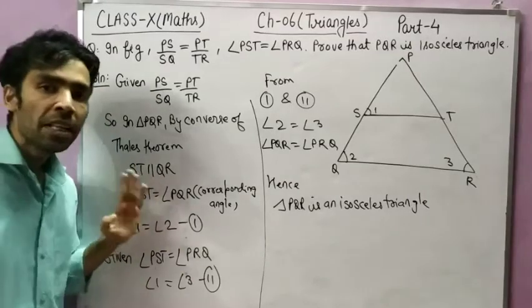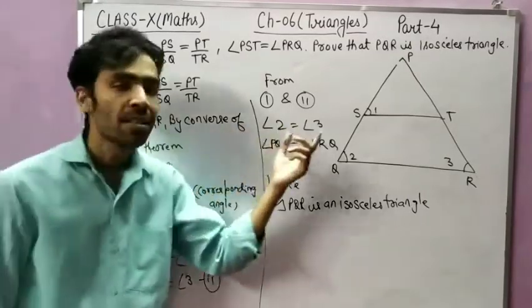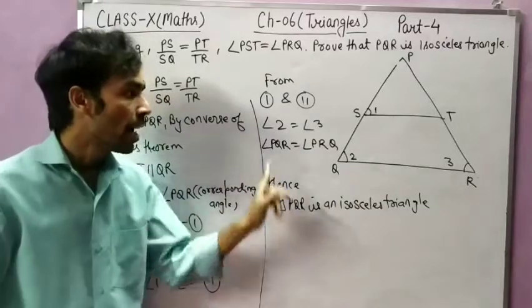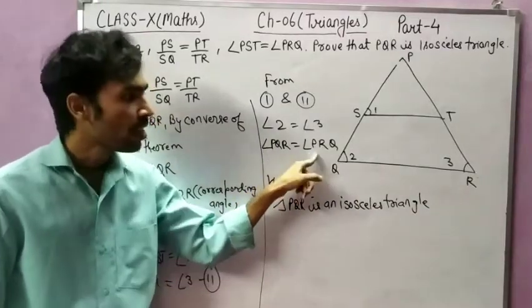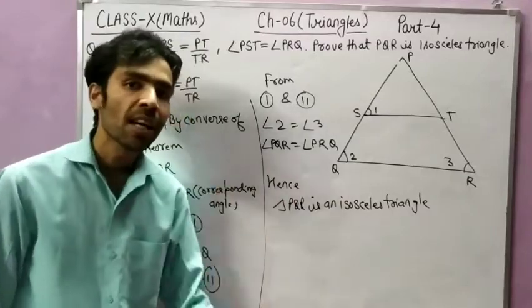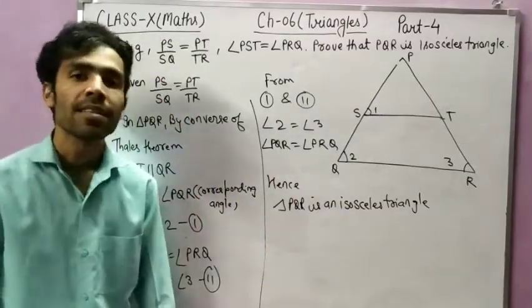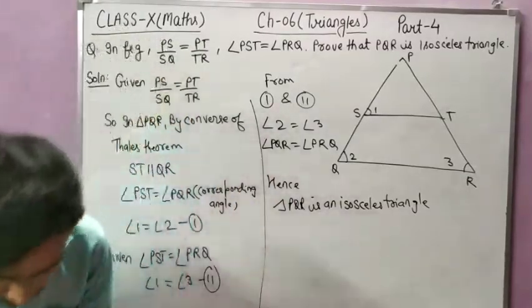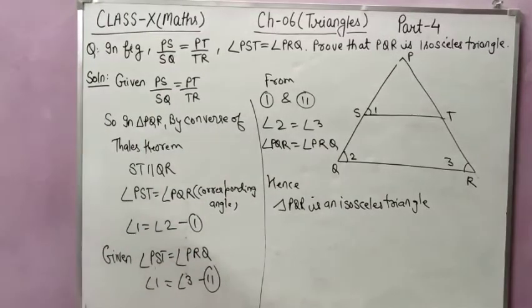So by comparing equation 1 and 2, we got the result angle 2 equal to angle 3. Angle 2 was angle PQR, angle 3 was angle PRQ. So if in a triangle two angles are equal, then that triangle is known as an isosceles triangle. Okay, so please note it down.